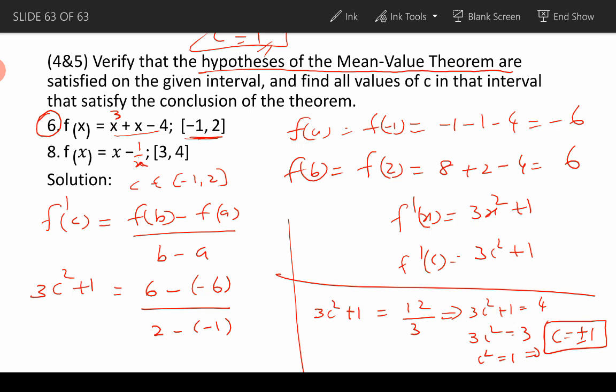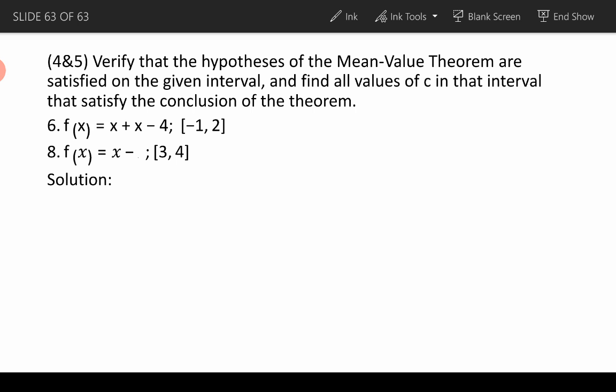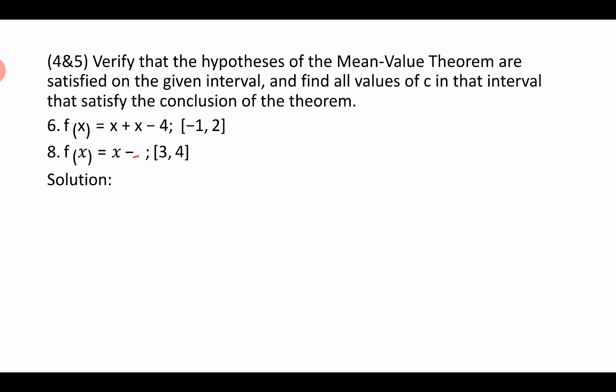Now let's try the last problem of this chapter. This is f of x equals x minus 1 over x, on the interval 3 to 4. So what is f of a, the lower limit, f of 3? 3 minus 1 over 3.